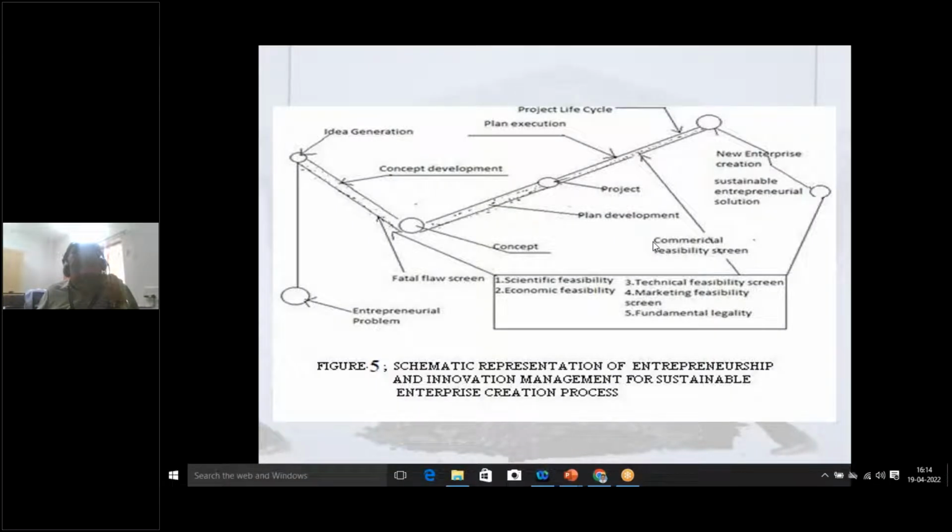The entrepreneurship regime of the biogas power plant design is given, and there are four fundamental feasibility studies conducted in this project: scientific feasibility, economical feasibility, technological feasibility, marketing feasibility, and fundamental legality.